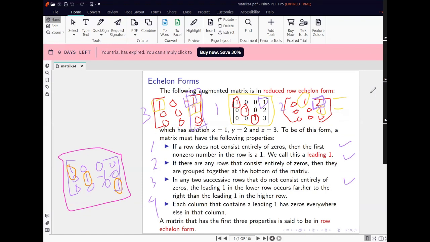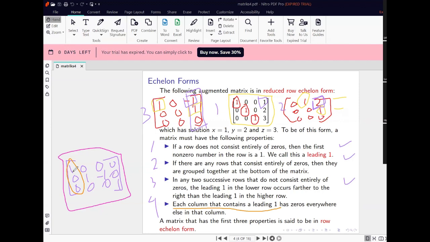And for number 4, each column that contains a leading one has zeros everywhere else in that column. We have to consider each column. Does this column contain a leading one?